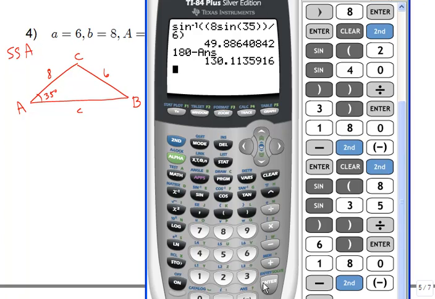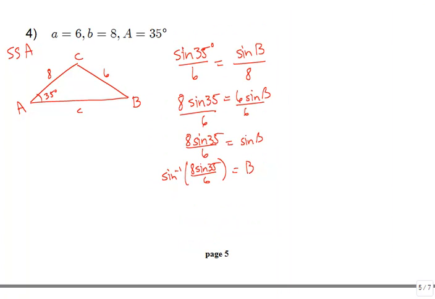Once we know what B could equal based on these two choices, we're going to then see if both of these would enable angle C to exist as well. Alright, so let's do that next. So angle B is either 49.9 degrees or 130.1 degrees.